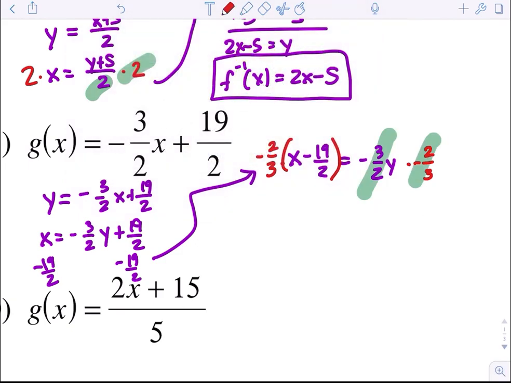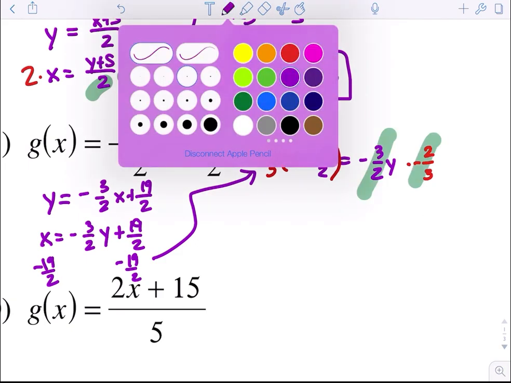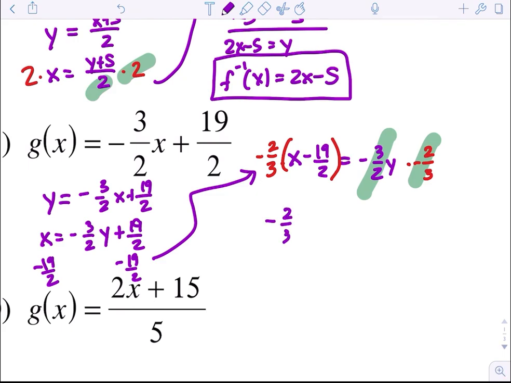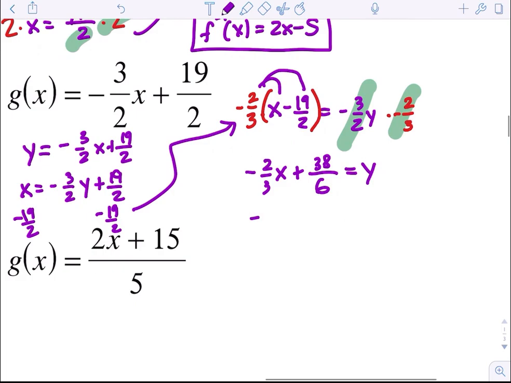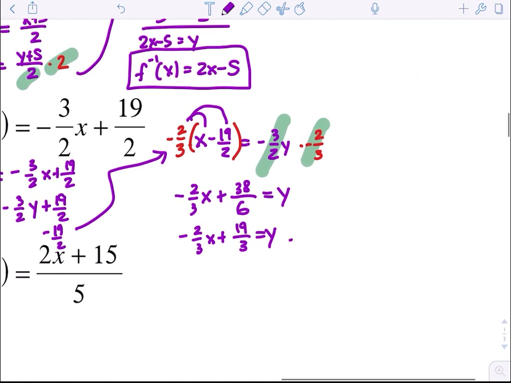These cancel, so now multiplying your guys' fractions. Okay, negative 2/3 x. Now here, negative 2 times negative 19 is a positive 38. All over 3 times 2 is 6. Simplify that 38 over 6, you guys, by dividing top and bottom by 2. So 19 over 3 is equal to y. And now change the y to be f inverse. So f inverse of x is equal to negative 2/3 x plus 19 over 3.